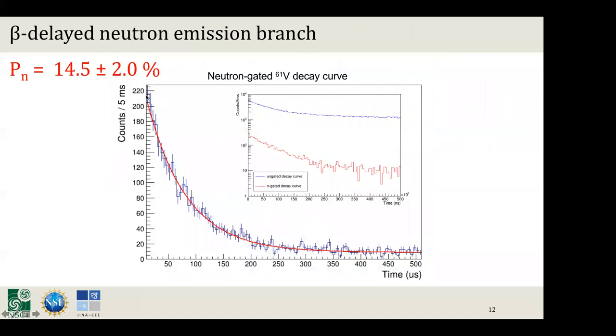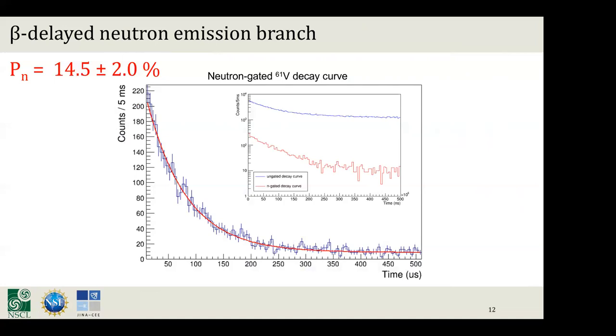If you look at the neutron-gated vanadium-61 decay curve, which is this one here, it's very well fit to the decay of vanadium-61 with the half-life. If you compare the inset, the neutron-gated decay curve is in red and the ungated decay curve is in blue. And essentially, the ratio of those two, which is not quite true, but close enough, is your Pn value, which is in this case about 14.5%.